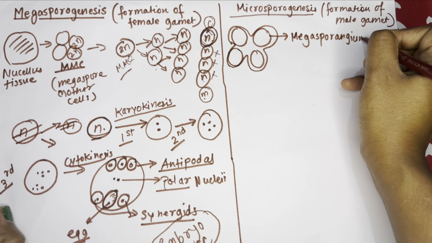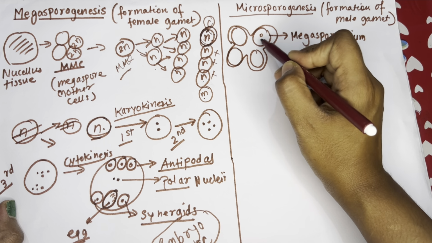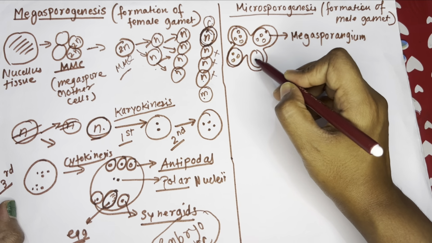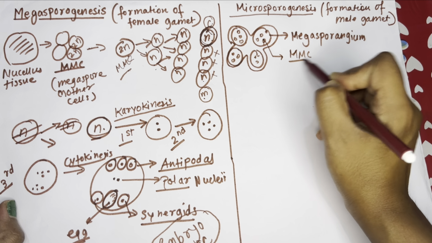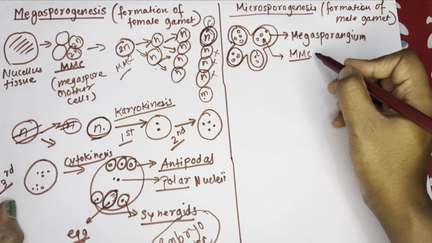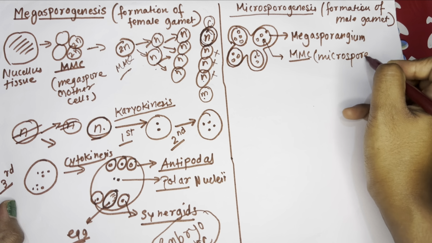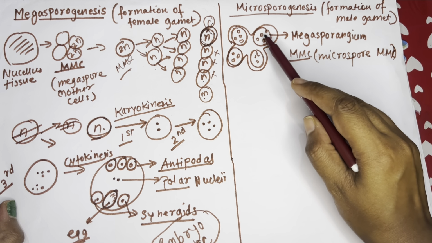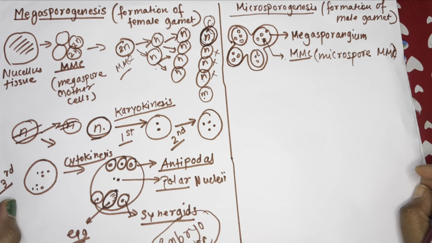These are like pouches, like bags. Inside the microsporangium will be present many MMC. Again MMC. This time it's not called megaspore mother cell. This time this will be called microspore mother cell. Microspore mother cell. Okay. Later on, these MMCs will become microspores and then pollen grains.